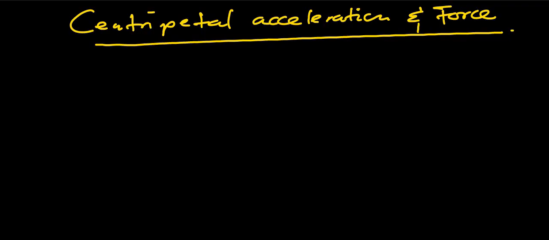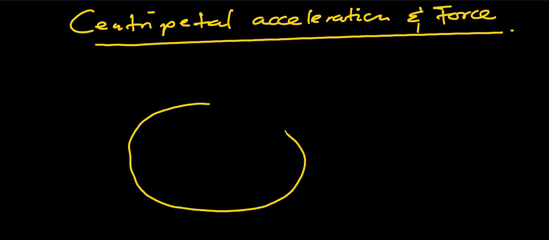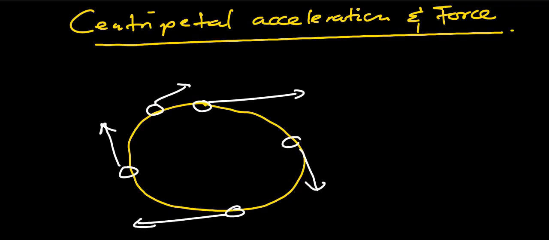Now, if something is moving in a circular path, it has different components in terms of x and y as it moves around this path. The normal tendency, what it feels most, is that it wants to move towards the center.